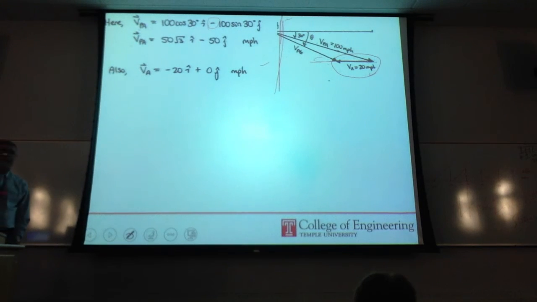So what do I do now? I want to find out this, right? What do I do now? Yes? Yeah, it's a vector summation.